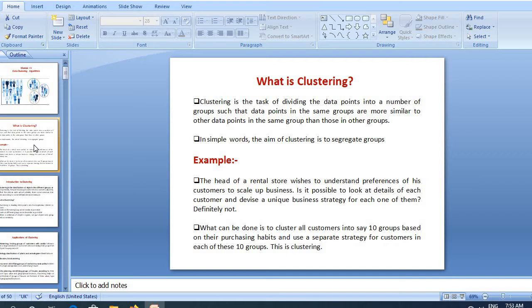So what he can do is, he can take his database, classify the data into say 10 or 11 groups such that in each group the customers have some similar purchasing pattern. Then he can devise some common business strategy for each group. That is one possible way. So it is during these times that clustering algorithms come into importance.